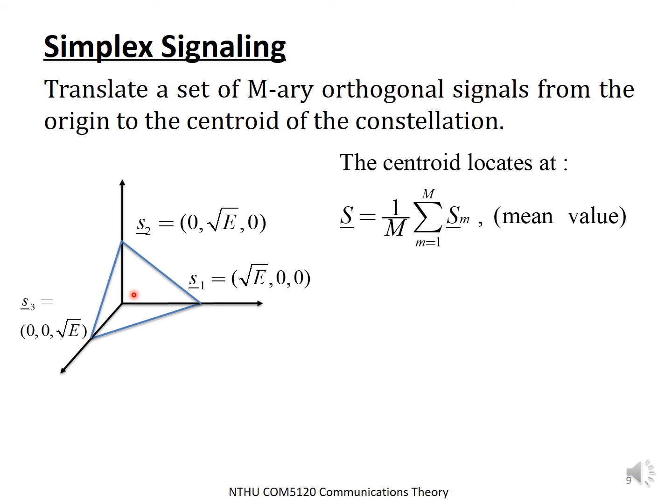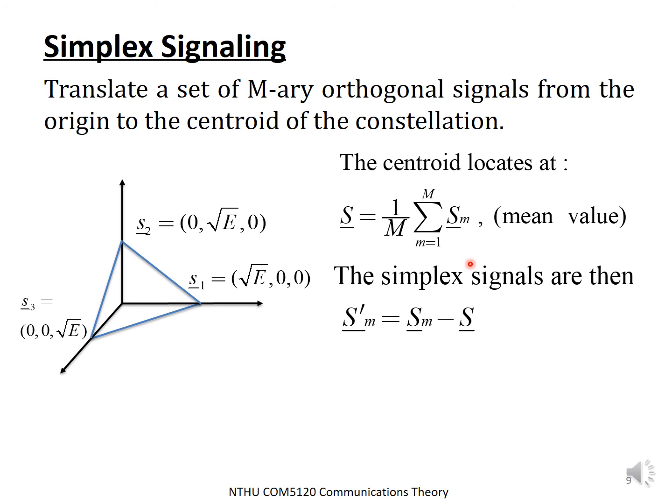That's inside this pyramid, the centroid. So the so-called simplex signaling shifts these M symbols by the averaged vector.